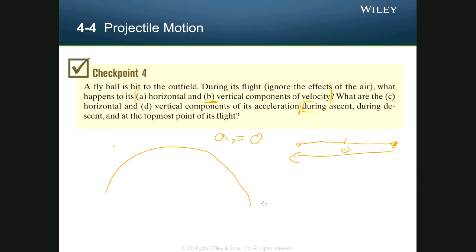That's the important part. So keep in mind what's changing. Because AX is equal to 0, V is not changing in the X direction. So for part A, VX is constant.